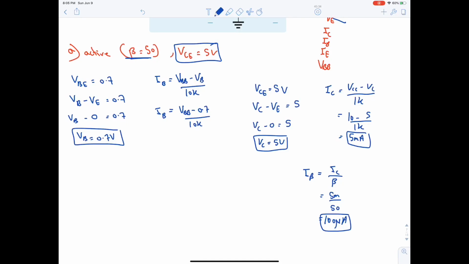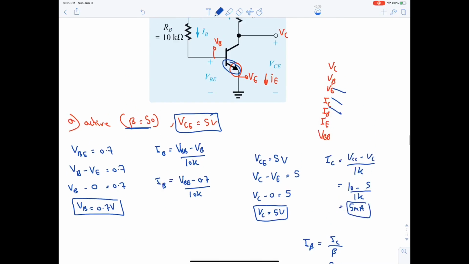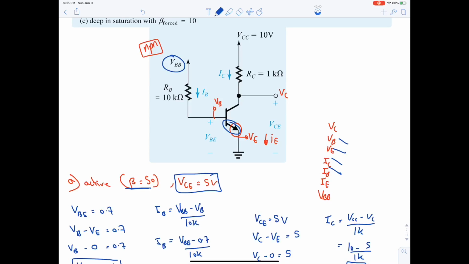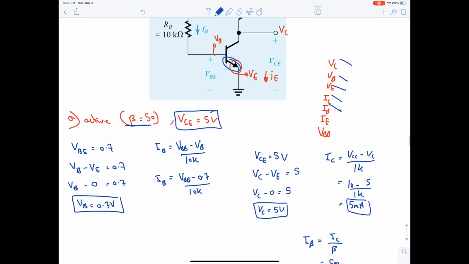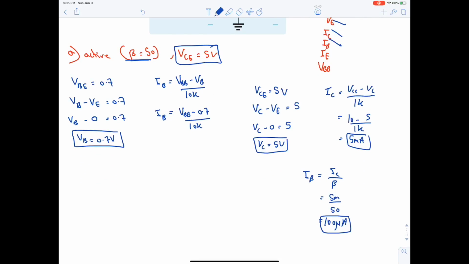Okay, IB was found, IC is found, so we're left with VB, we found it at 0.7, VC we also found, so we're left with IE and VBB. IE, easy, KCL, IC plus IB. IB is equal to 100 micro, and IC is 5 milli, so it will be 5.1 milliampere.